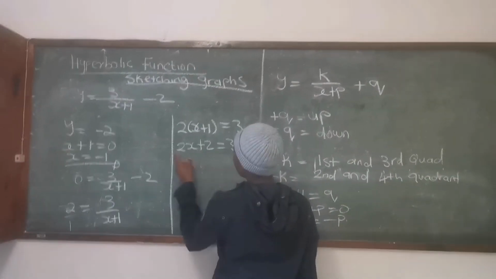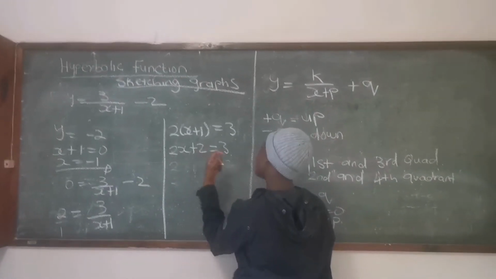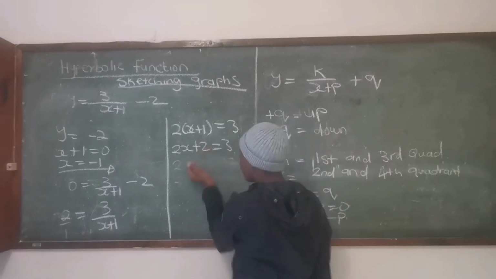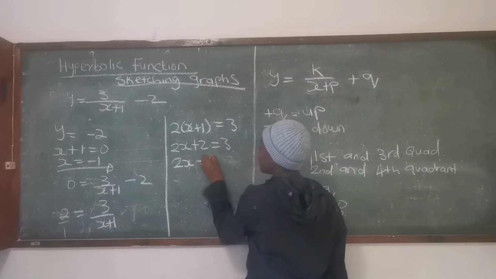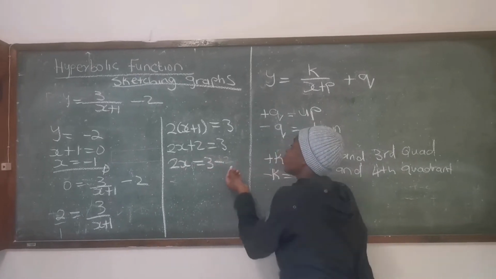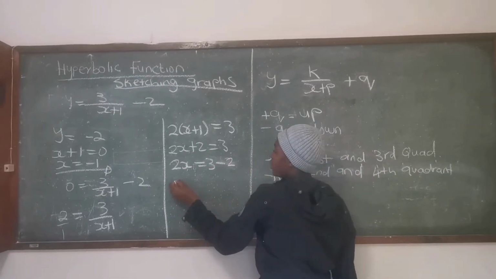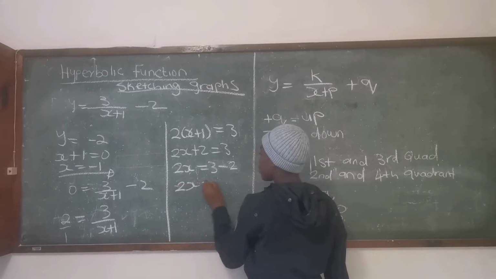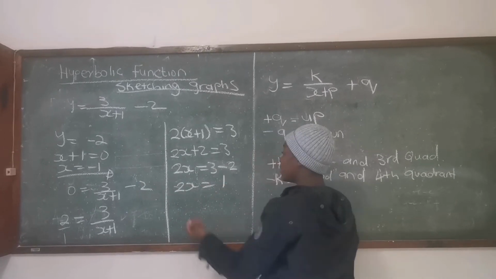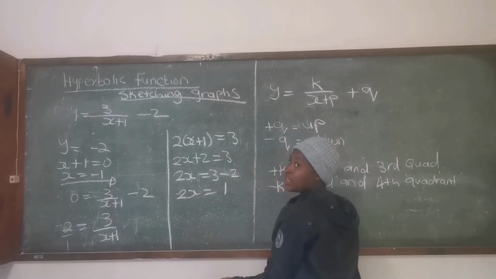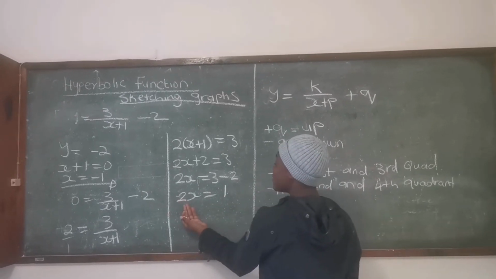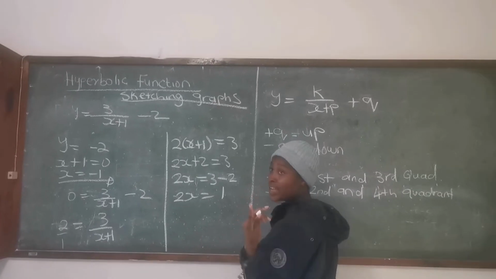Then after, we're gonna group like terms, meaning that we're gonna take these two, we're just gonna make an inverse again of 2. So we're gonna have 2x being equal to 3 minus 2, which will give us 1. So we have to divide both sides by 2 so that we can be left with only x on the left hand side, right?